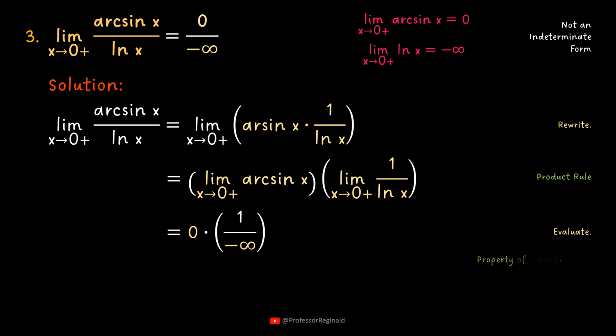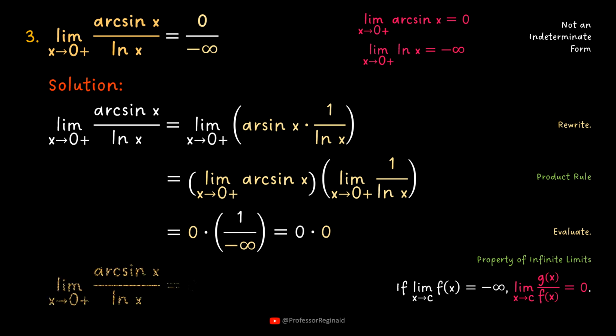Then apply a property of infinite limits. Thus, the limit of the arc sine of x all over the natural logarithm of x, as x approaches 0 from the right, is equal to 0.